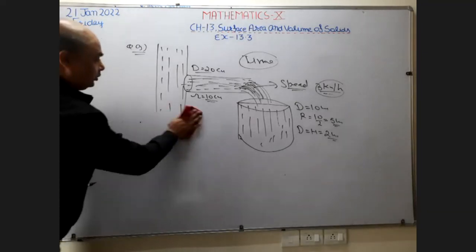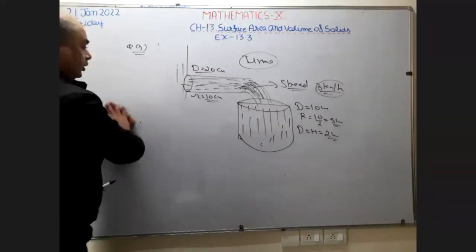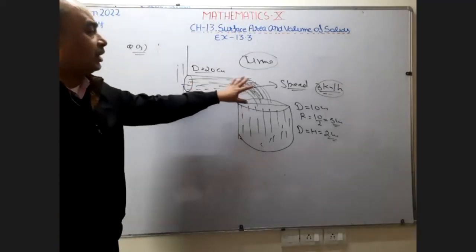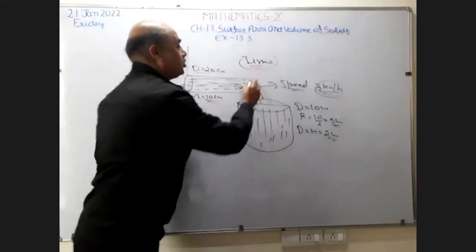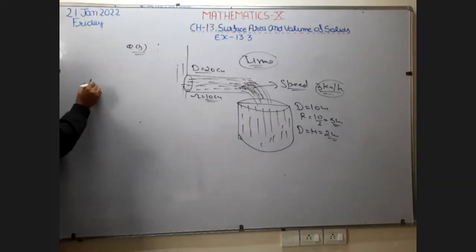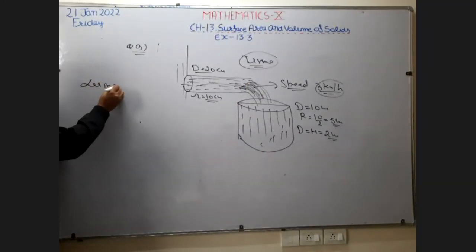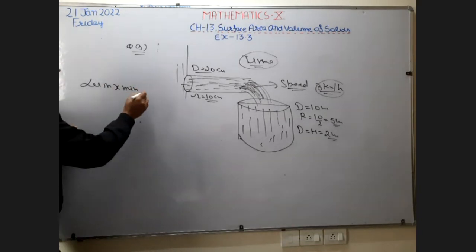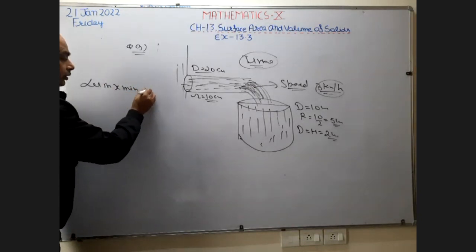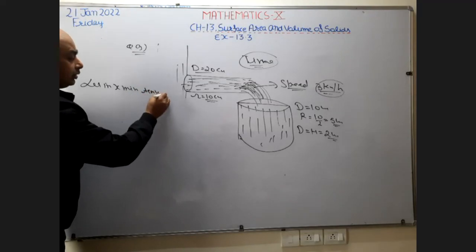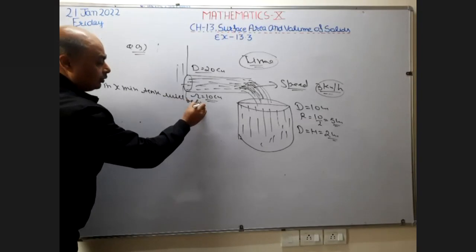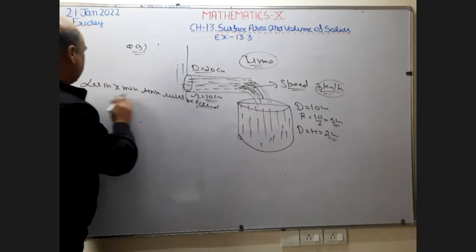Okay, beta. Now I want to complete this question. Now water is going to move out from this pipe, and we are going to find the time. So I suppose let the tank be filled in X minute.